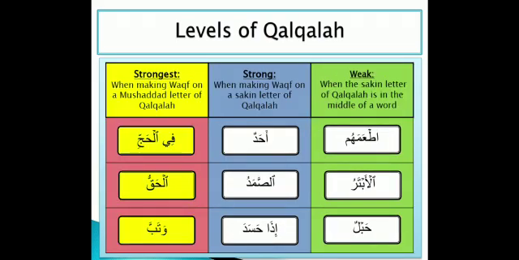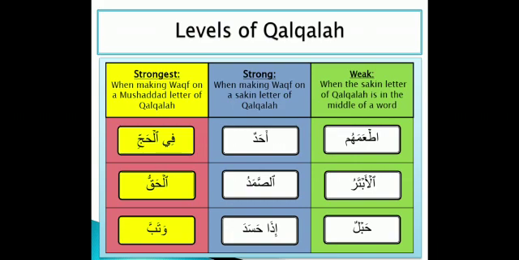If you look at the examples of the strongest level, in the first example, the word fil hajj. The jim is mushaddad, it has a tashdeed. So when making waqf on this letter, the level of Qalqala will be strongest. In the second example, al-haq, qaf is mushaddad, it has a tashdeed.